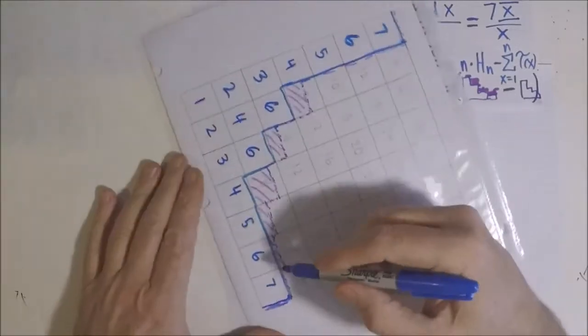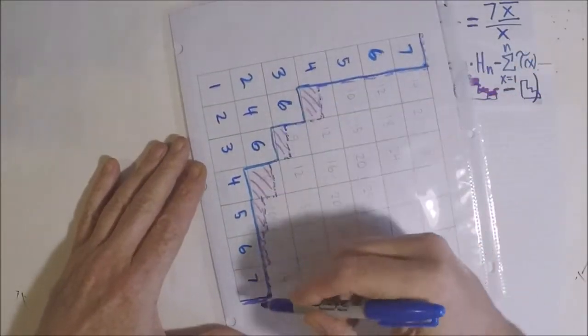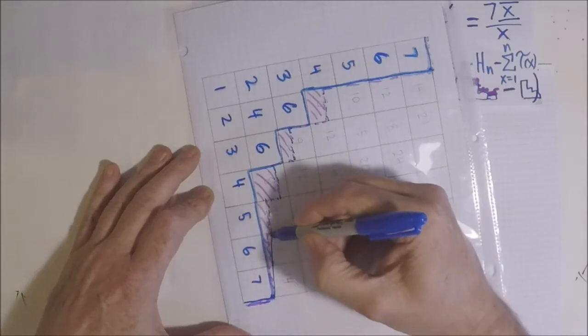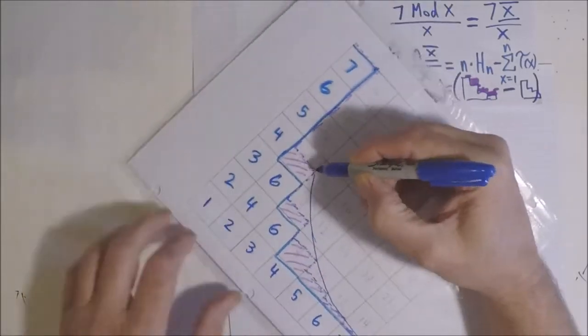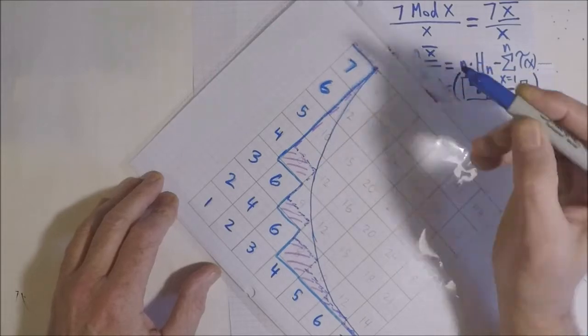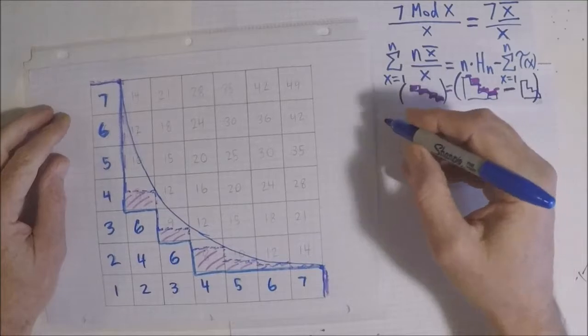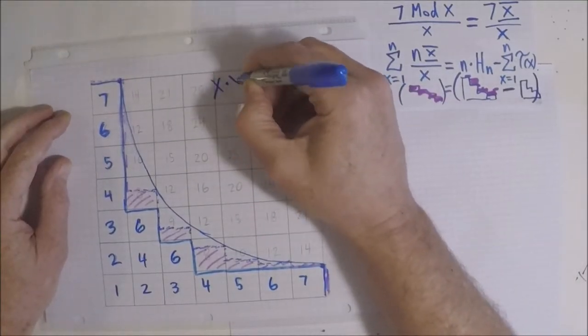Now let's draw in our x times y equals n, equals 7 in this case. Let's draw that nice smooth curve. Once you have a corner point in every column, it's pretty easy to eyeball and draw relatively smooth looking.